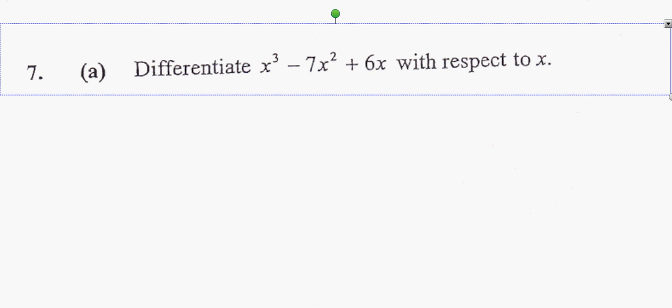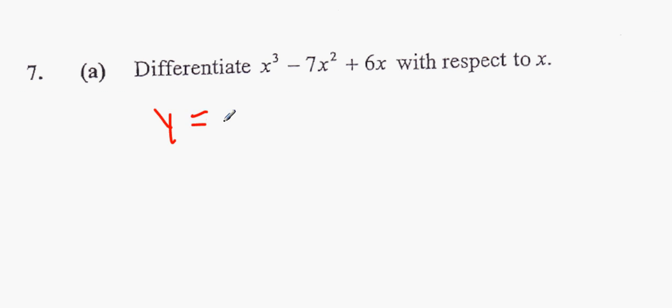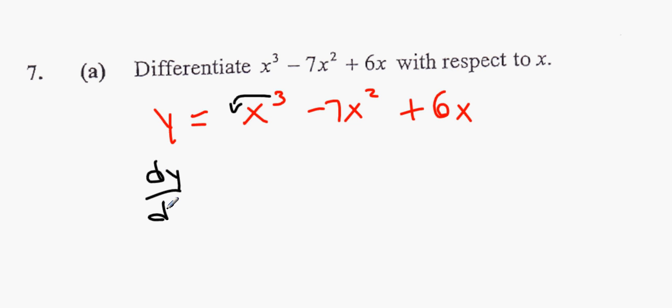Next one. Differentiation. Now, what we say is that we let y equal x cubed minus 7x squared plus 6x. Now remember, when you're differentiating, you put the number to the front and you take 1 away from that number. So dy/dx ends up to be 3x squared.